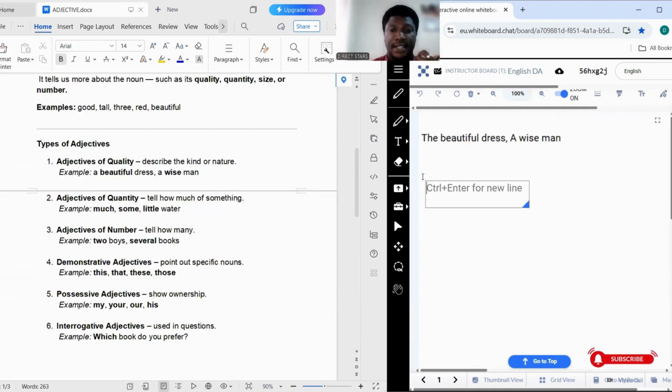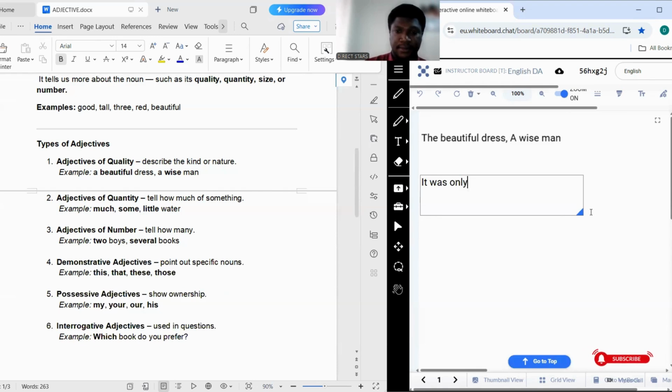We also have adjectives of quantity, which tell us how much of something is present in the sentence. If someone asks, how much water flooded the room? It was only little. Or let's ask a better question. How many books did you buy at the bookstore?